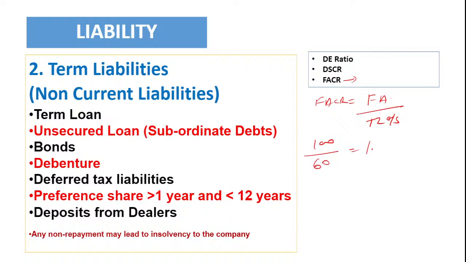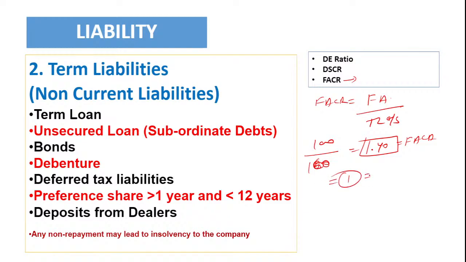The figure comes to around 1.40, so we can say that the FACR of this company is 1.40. If the company had taken a loan of 100 rupees, the FACR would be 1.